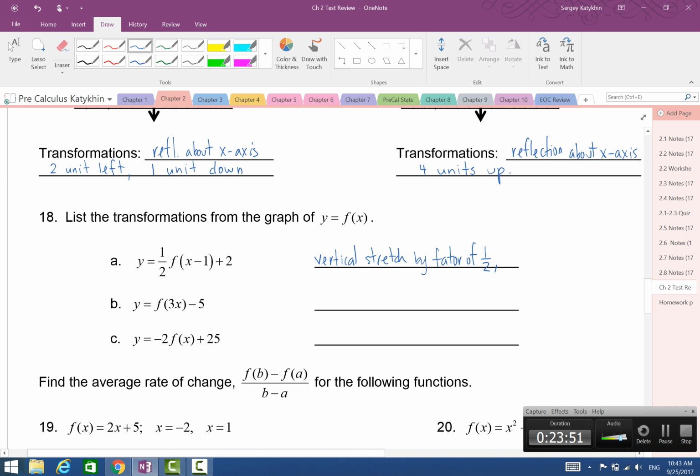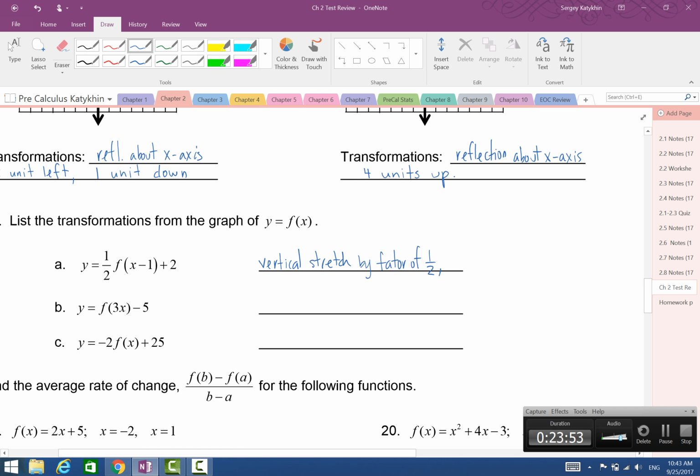We will also have 1 unit right, because inside lies, and 2 units up.